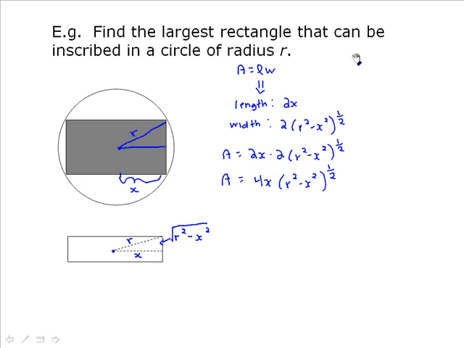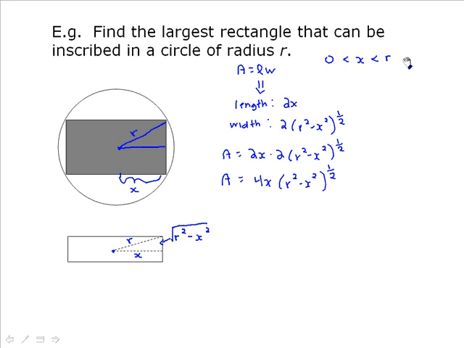Before we get too carried away with this, we should note that the x value we are working with has to be greater than 0, and it also has to be less than the radius. That would make sense even from the position of the right triangle we've got. r has to be larger than x. So let's keep that in mind.